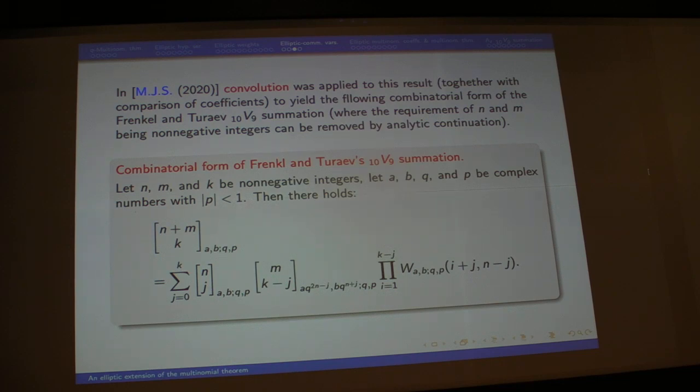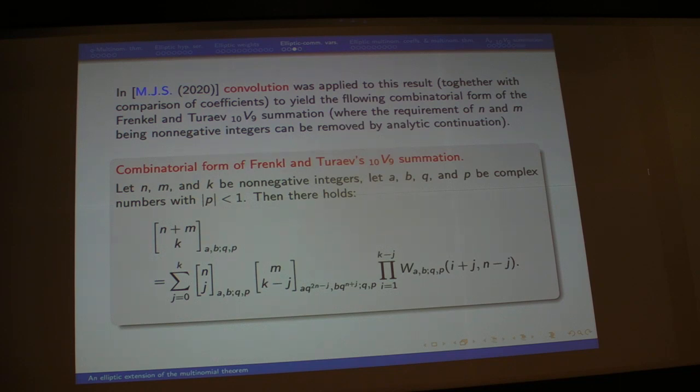So this terminates the sum, but you could have alpha and beta instead, as you have in the classical case, of course. So modulo this analytic continuation, this is as powerful as the Frenkel-Turaev 10φ9 summation.